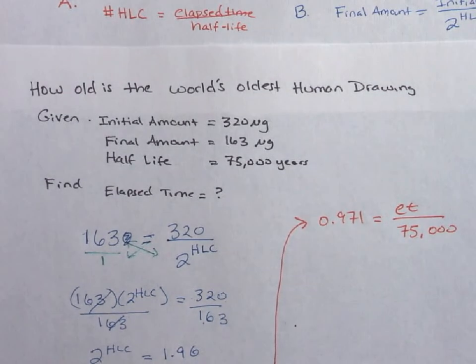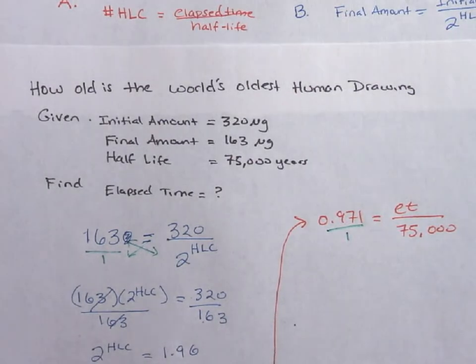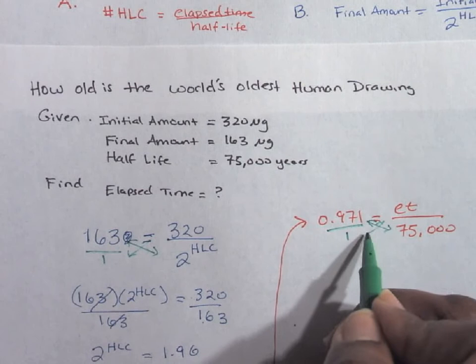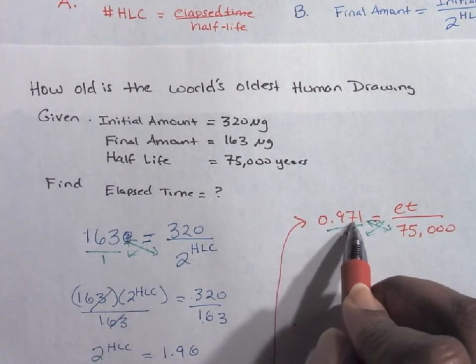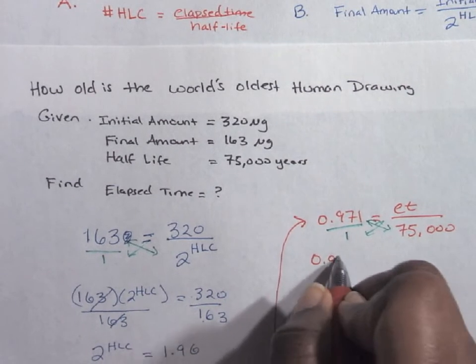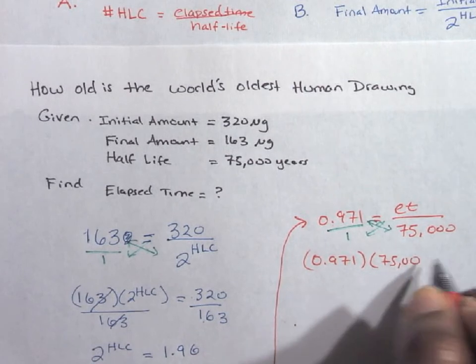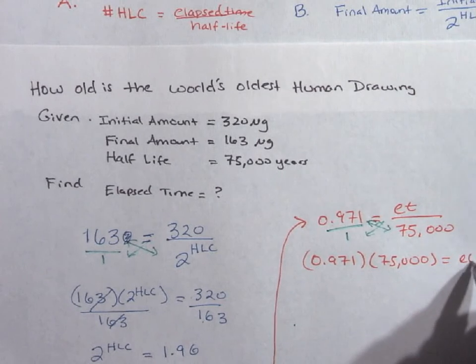So once again, I'm going to use my inverse operations to solve. My unknown is in that numerator there. So since I have a fraction next to an equal sign, I can use cross multiplication as a quick shortcut. All right, so when I cross multiply it, I get 0.971 times 75,000 is equal to 1 times the elapsed time, or just the elapsed time.